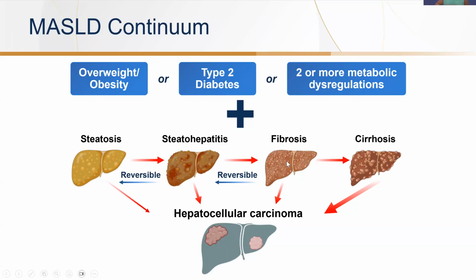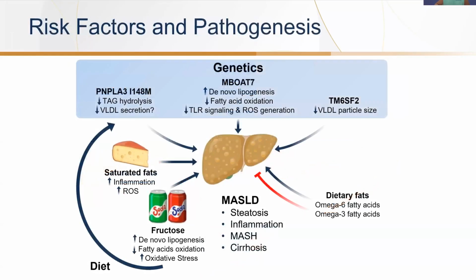We can go from fibrosis all the way back to a normal, healthy liver, but we do not yet have any medical therapy or indicative therapy that, once a patient has cirrhosis, that we have any options for reversing cirrhosis.